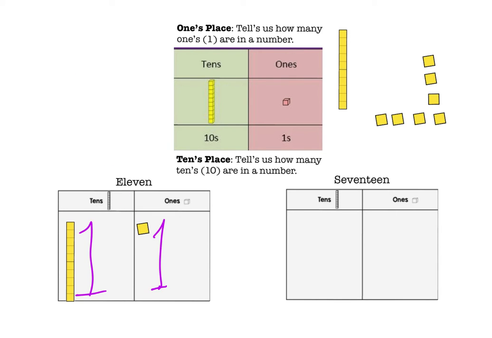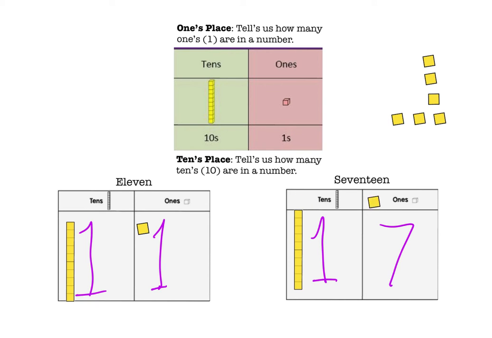In our second example, we have the number 17. We know that in the number 17, we have 1 10 and 7 ones. This shows our unit cubes representing 1 10 and 7 ones.